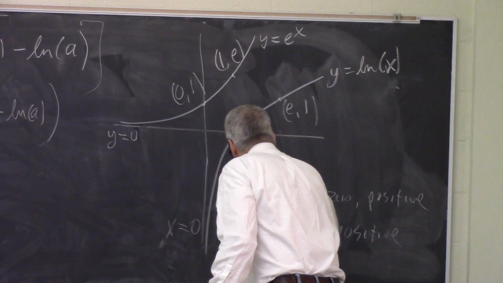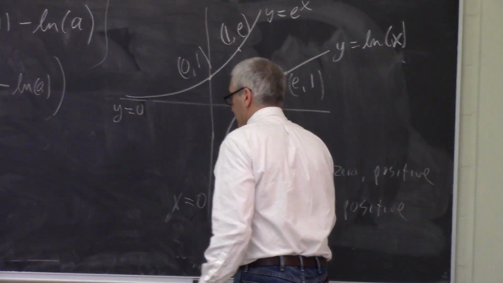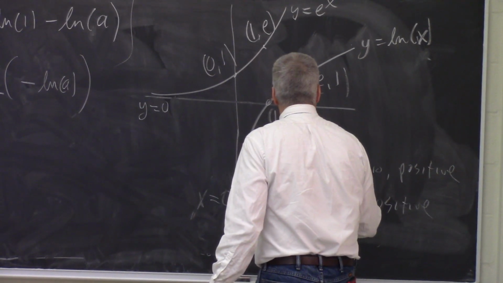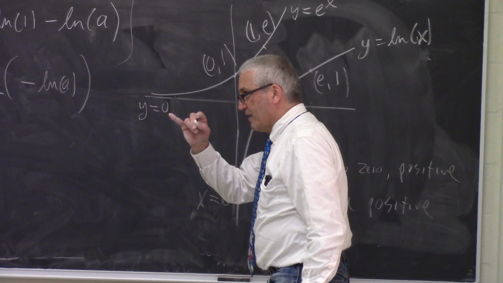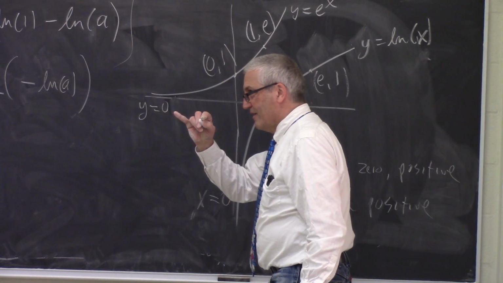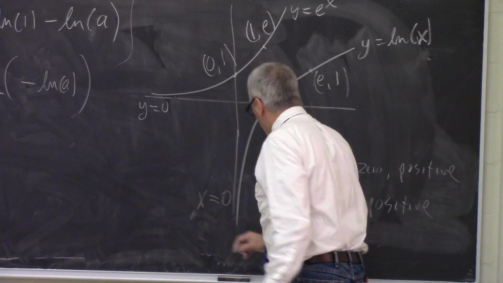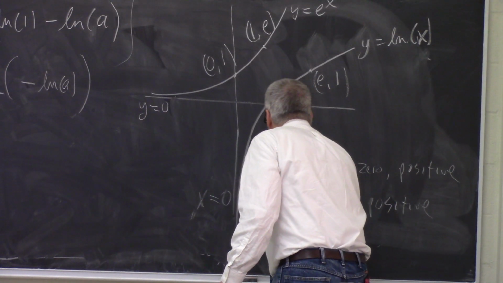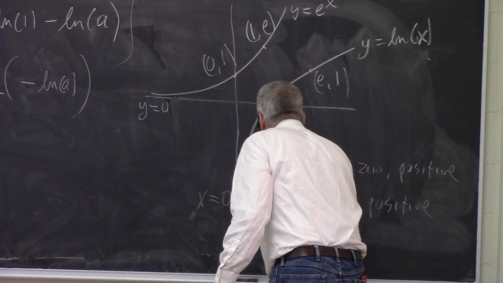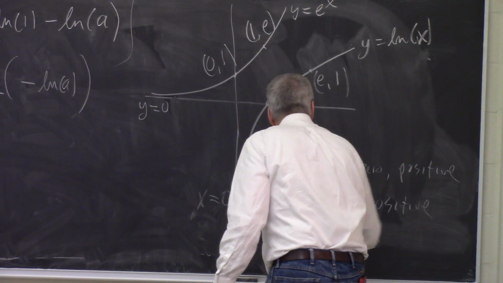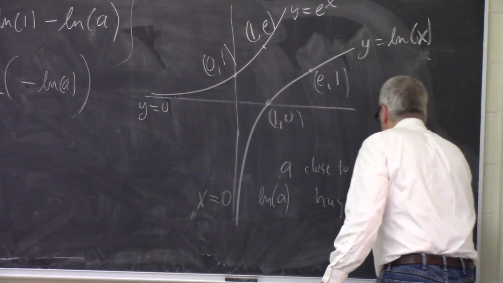I'm sorry. Say what you said again. I thought you were talking about the y as negative infinity. Yeah, so ln of a, I don't want to say negative infinity. ln of a is a number. It's huge and negative.